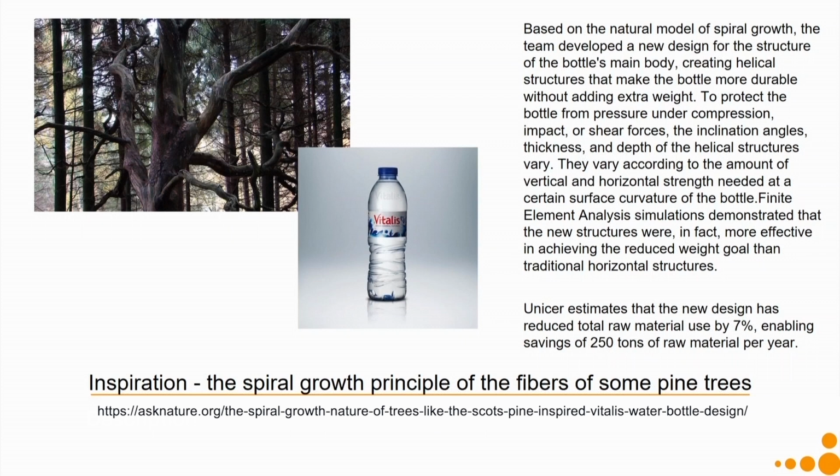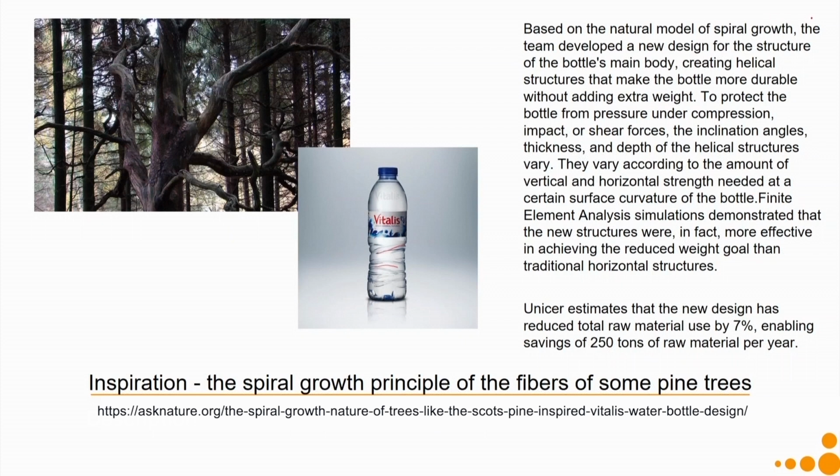They also needed to protect it from impact, because it is moving in a truck, so there will be impact or shear forces, and also when you are trying to open the bottle. The inclination, angle, thickness and depth of the helical structures keep on varying. There are helical structures over here, and they vary according to the amount of vertical and horizontal strength needed at certain surface curvature of the bottle. How was this developed?